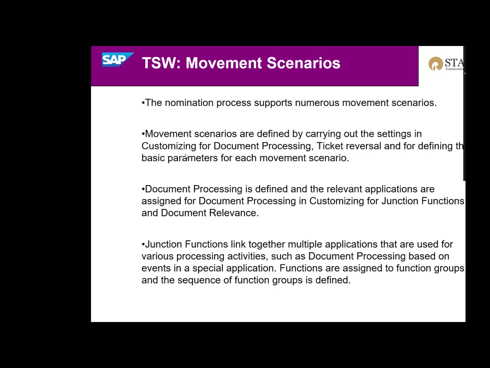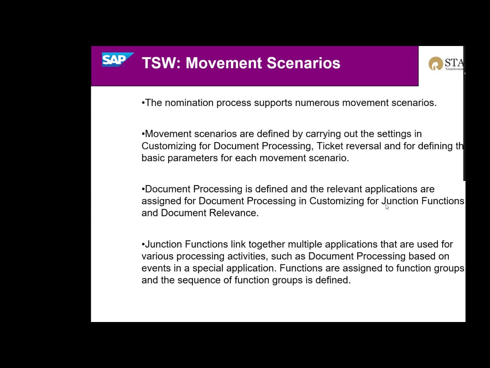So how is this possible? This is possible through this customizing for document processing. Document processing is defined and relevant applications are assigned for document processing, customizing for junction functions and document relevance. There is a terminology called junction function.